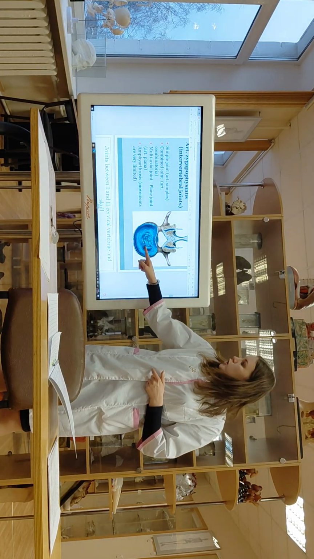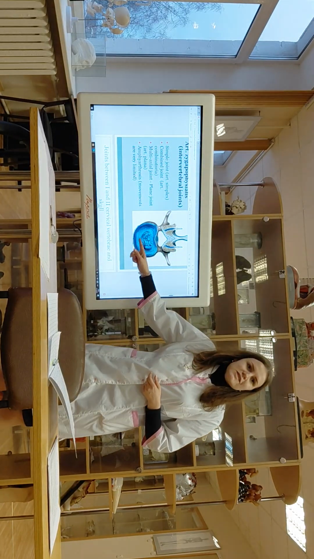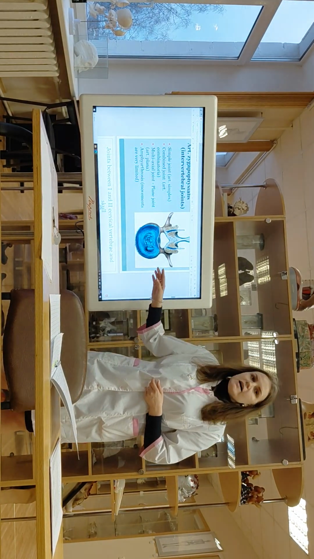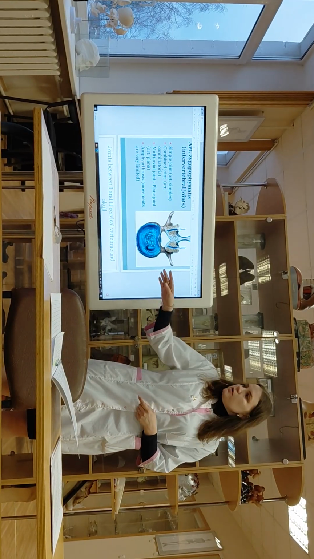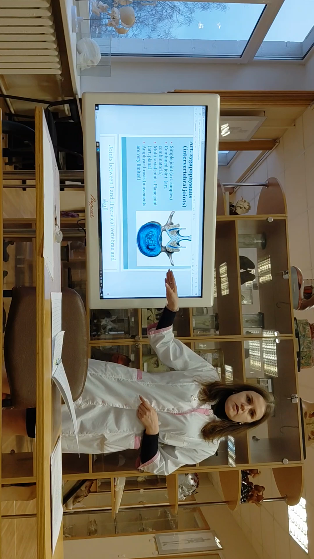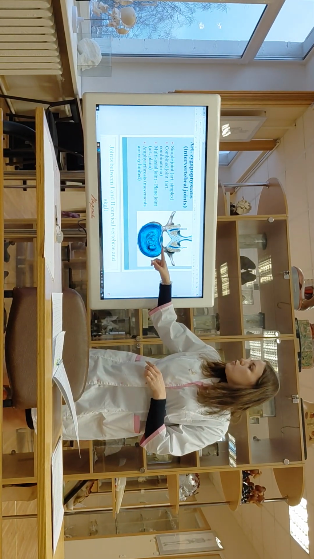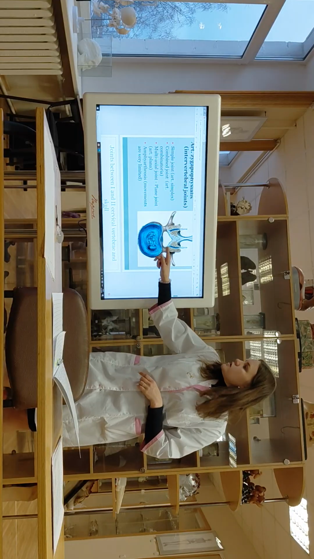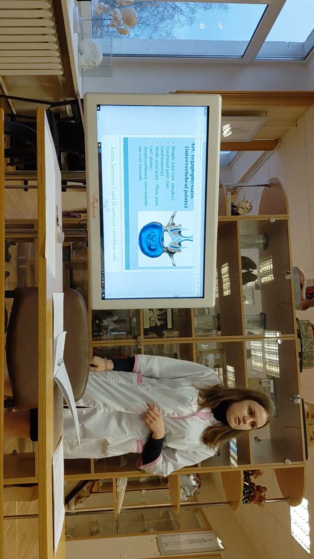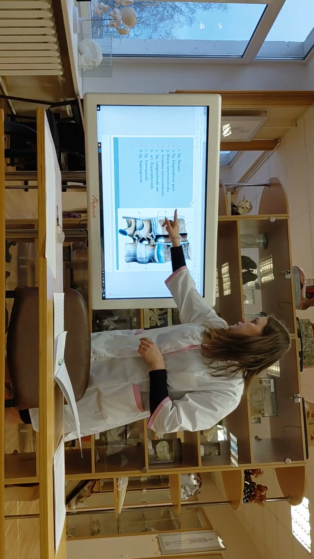And around it goes the annulus fibrosus. Understand? On the exam I may give one picture, and you should explain the structure of the disc. Two parts: in the middle the nucleus pulposus, and around it the annulus fibrosus.